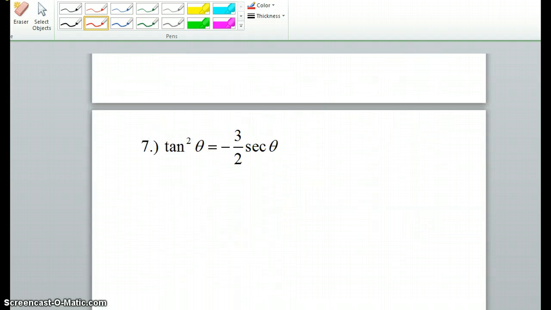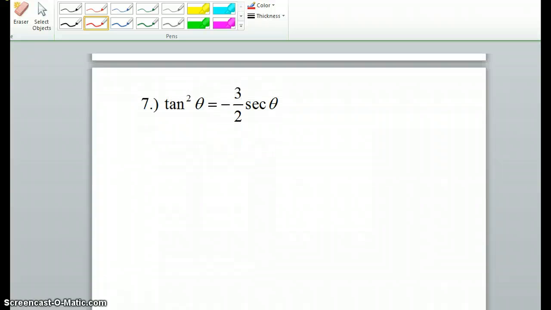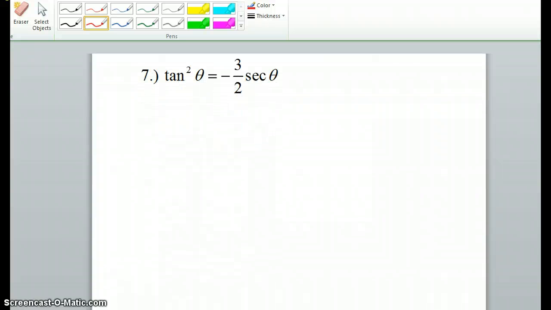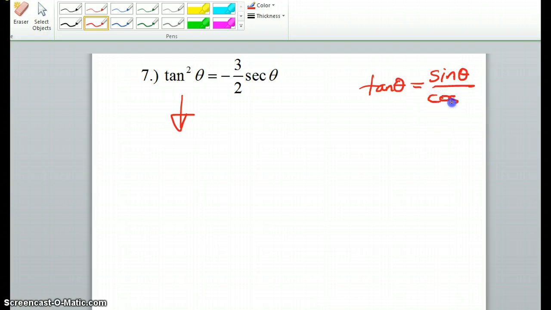Okay, so let me see what the next problem is. Okay, so this problem is a little bit trickier, and let me just say you're better off being in sine and cosine than you are being in tangent or secant. So really quickly I'm going to set this up before we have to stop this video. So remember, tangent theta is equal to sine theta over cosine theta.